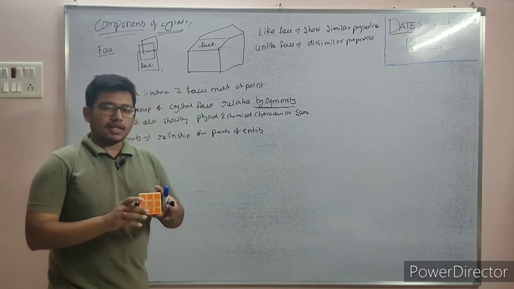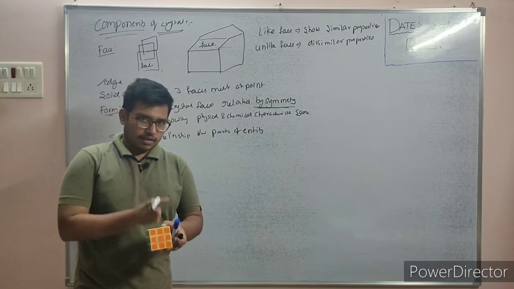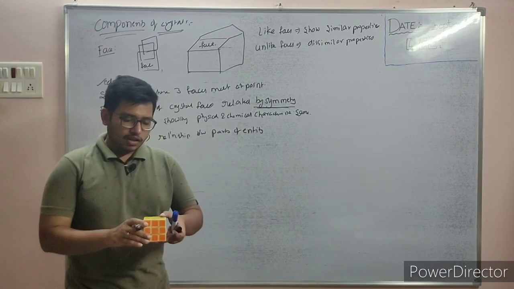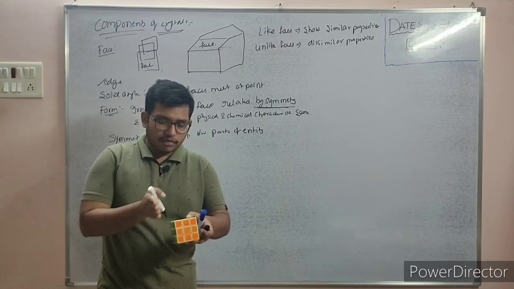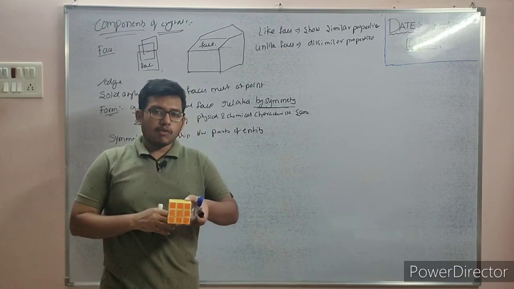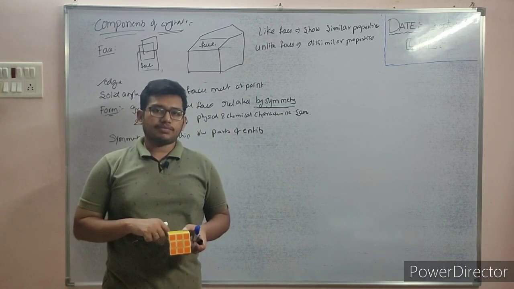Suppose this is a crystal. If you divide it into two parts, if you put a mirror in this, when you divide it into two halves, what will it look like? These two parts become mirror images of each other, right?